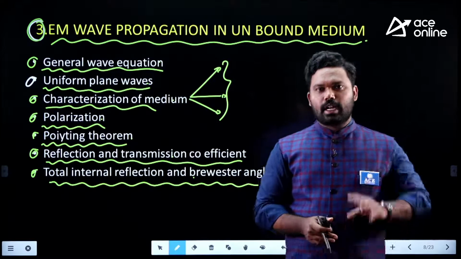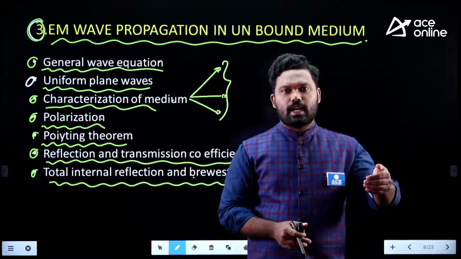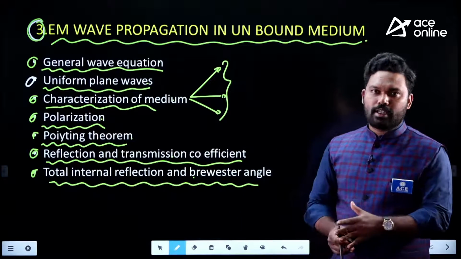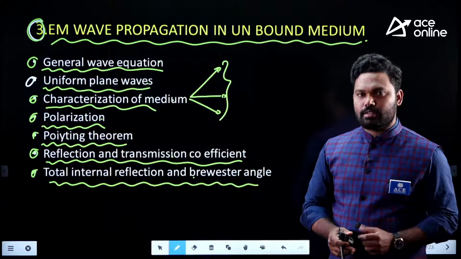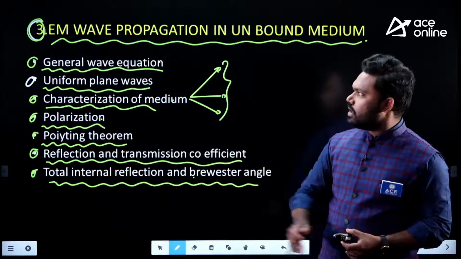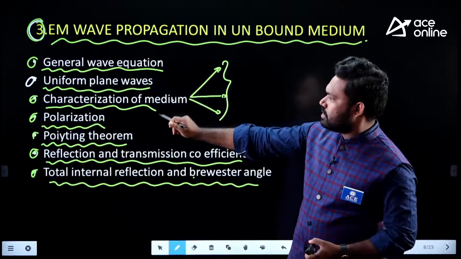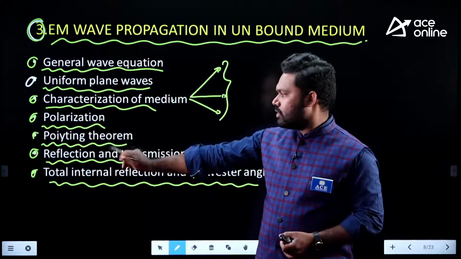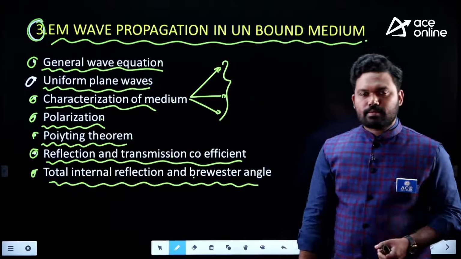Here the condition for total internal reflection and the formula for critical angle, condition for Brewster angle and formula for Brewster angle. See, just only a handful of conclusions here. Here 2, here 3, here 3, here 3, here 2, here 4, here 4.